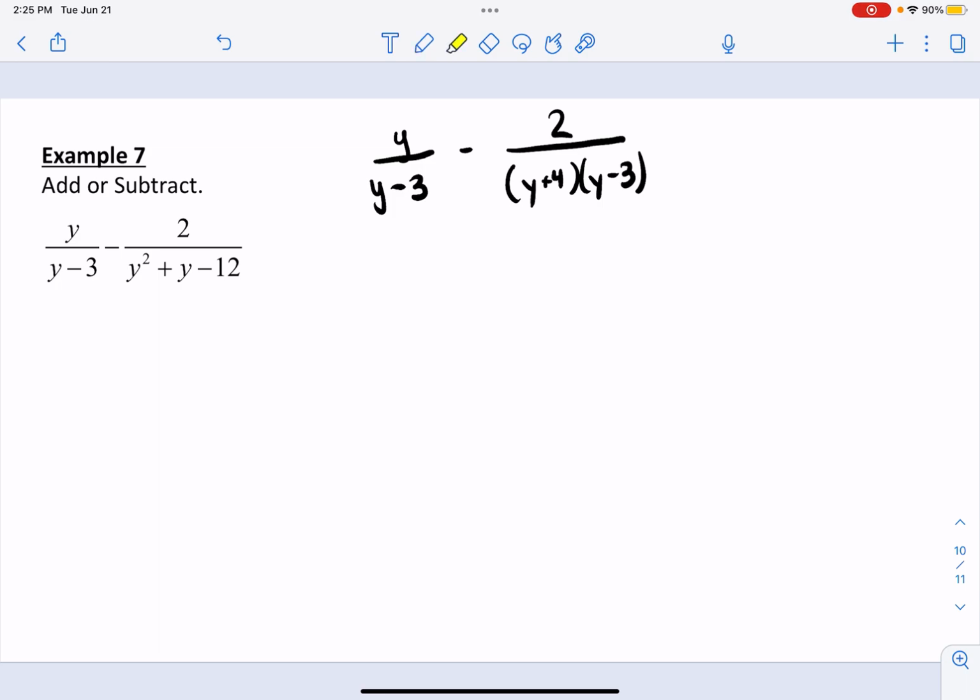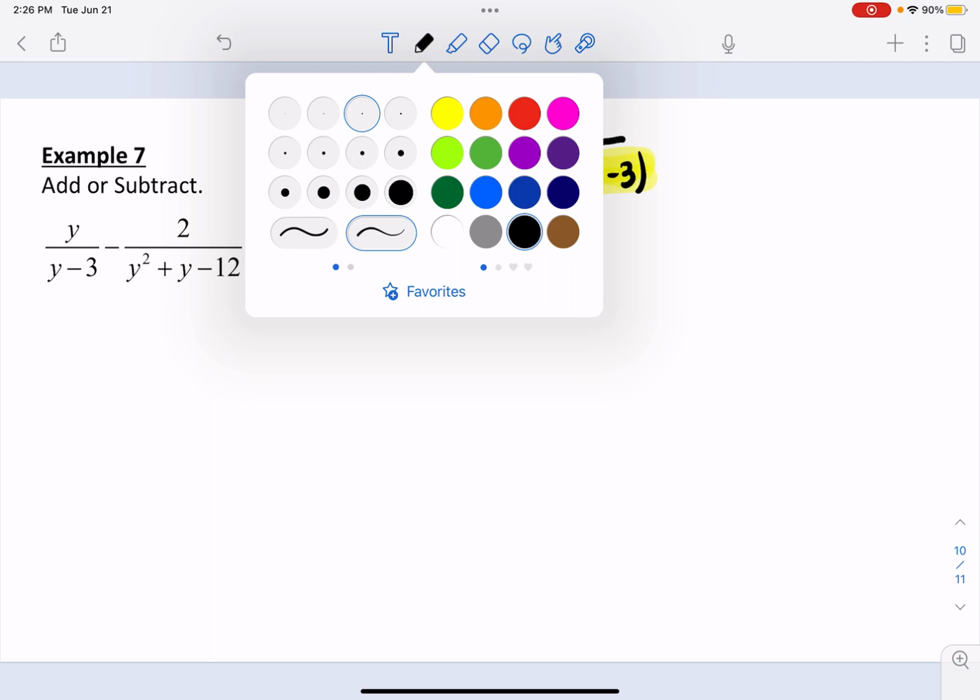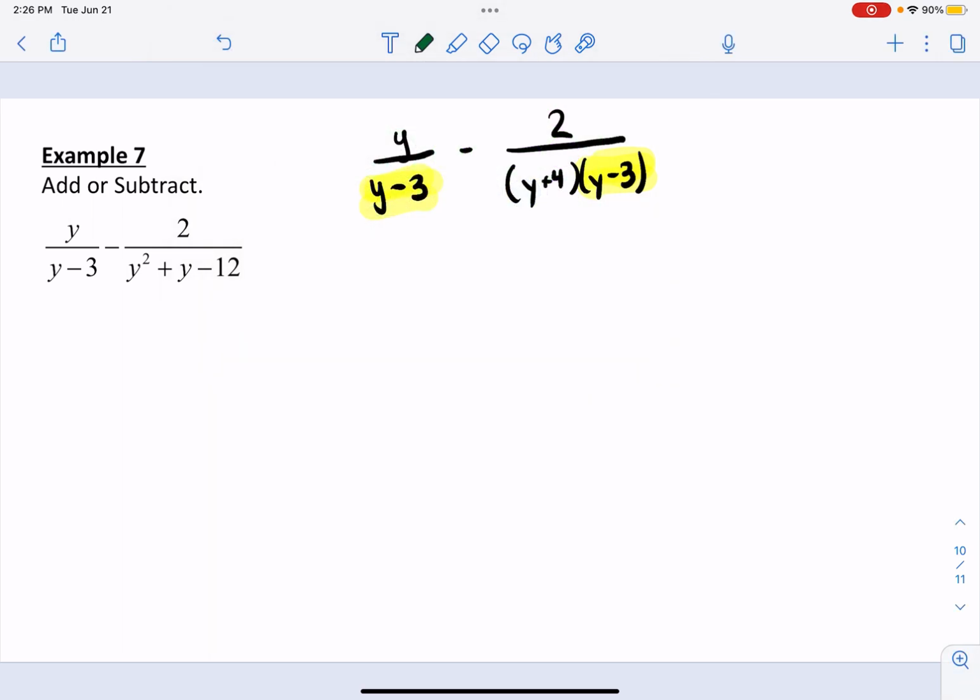I already have a y minus 3. Each denominator already has that. So you don't need to worry about that, actually. What I need to add in, or really multiply in, is this y minus 4. This denominator has a y minus 4. This one needs it. So I multiply by y plus 4 over y plus 4.